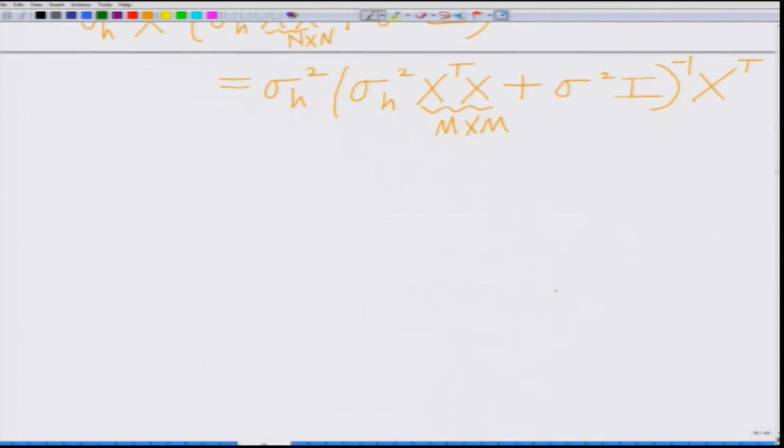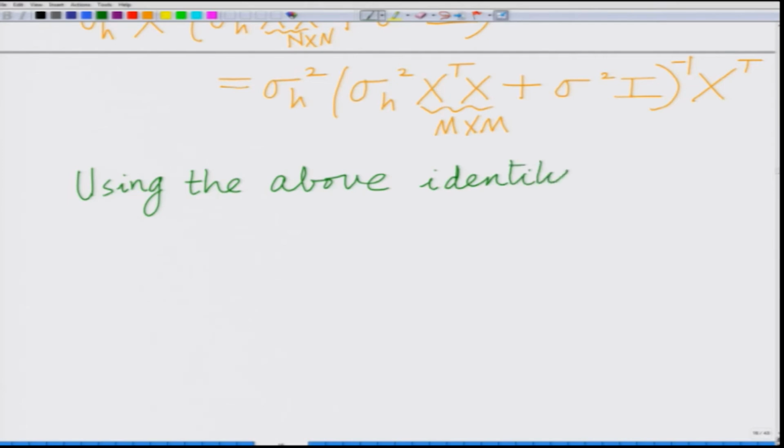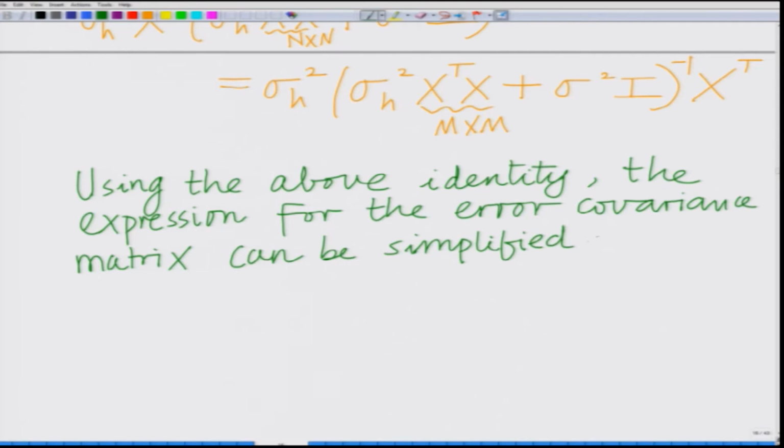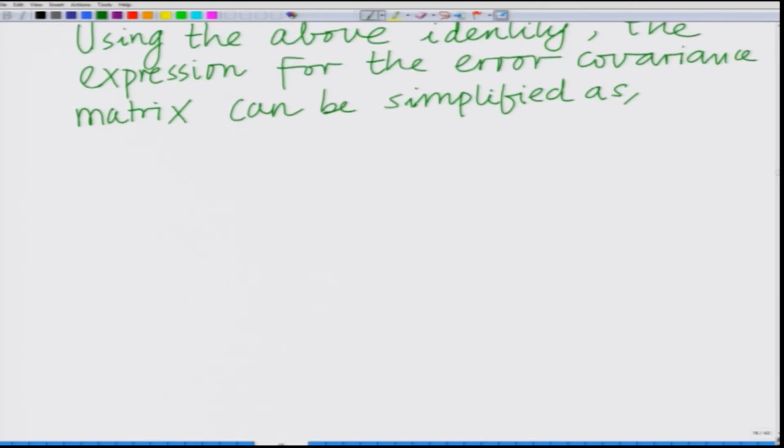Therefore, now the error covariance, using the above identity, the expression for the error covariance matrix can be simplified as follows.